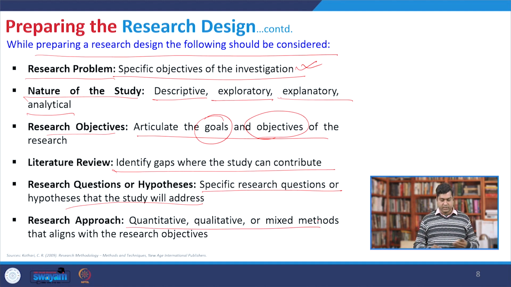In this case, the approach is quantitative, qualitative, or mixed, and that should align with the objective, because it is not always the same, that if I am going for qualitative, everything is qualitative. There is no mandate that you cannot deviate among qualitative, quantitative or mixed methods. It all depends on the objective and how you want to tackle it.